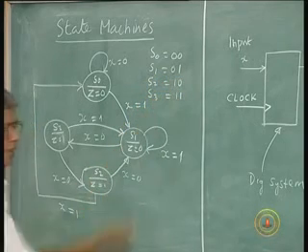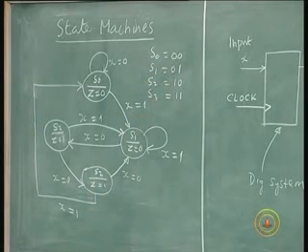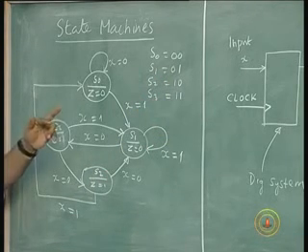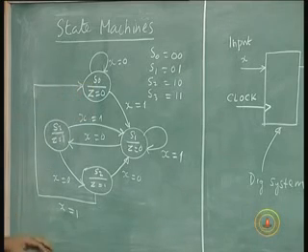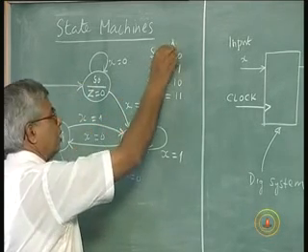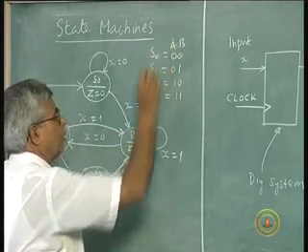It's a natural binary sequence. Now, since I already used X and Z and S for this, let me call A and B the state variables. So there are 2 variables called A and B.